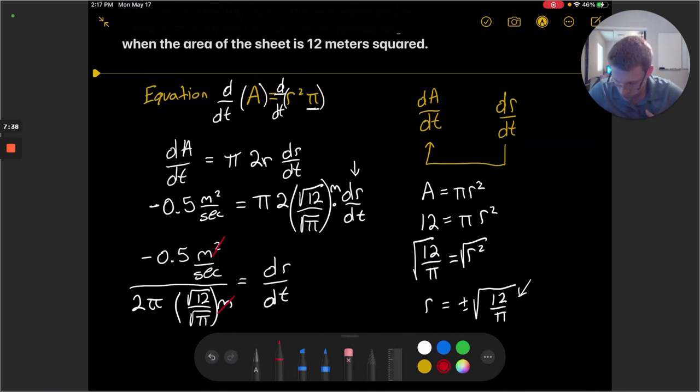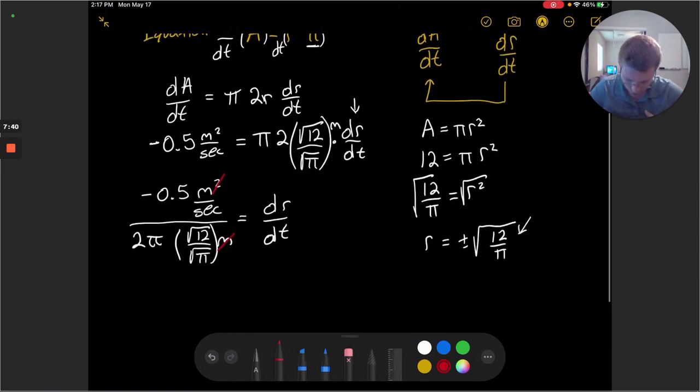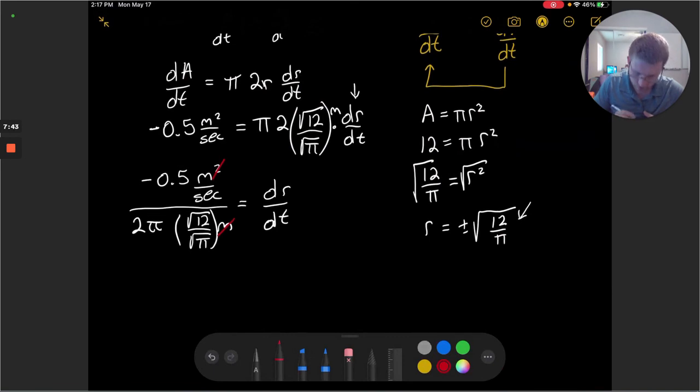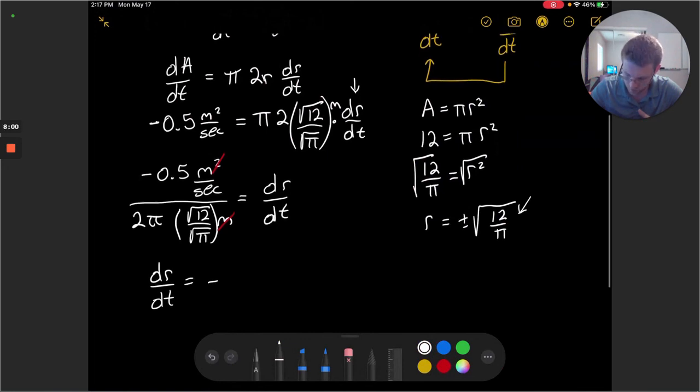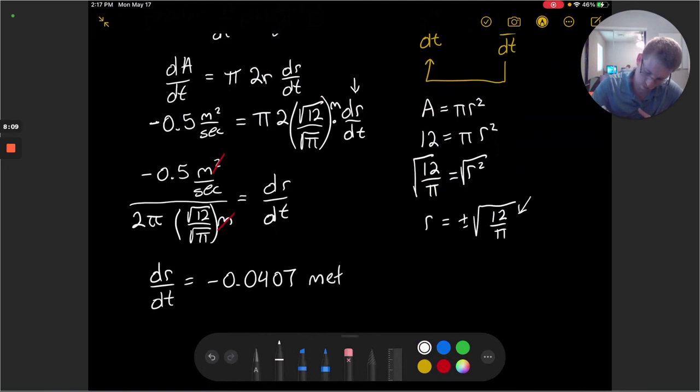So if we put this into our calculator, we can round this off to a few decimal points. This will be a negative rate, so it will be decreasing in size. So dr/dt, to finish this off, is going to be equal to negative 0.0407, again in meters per second.